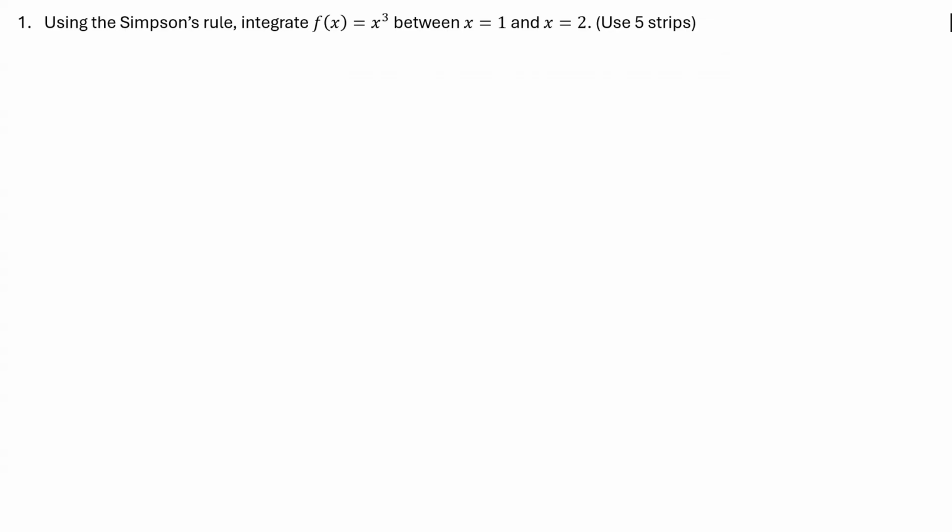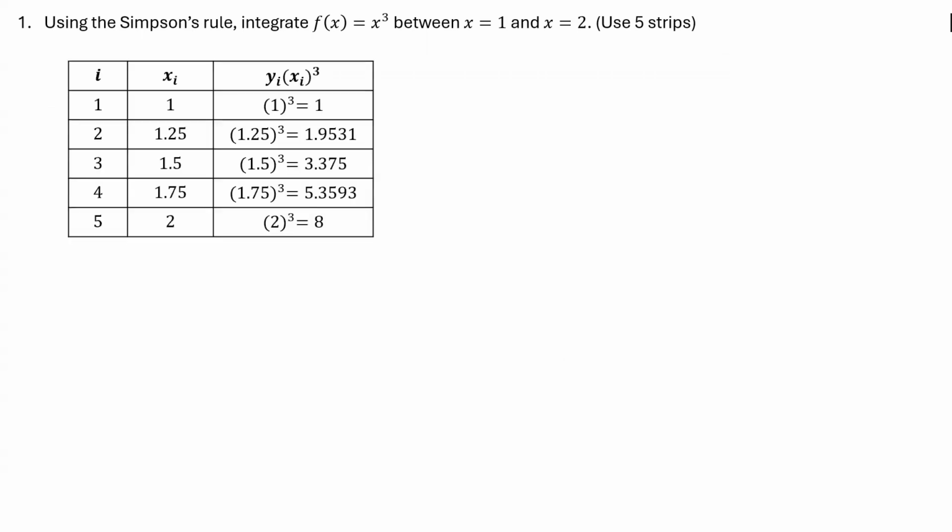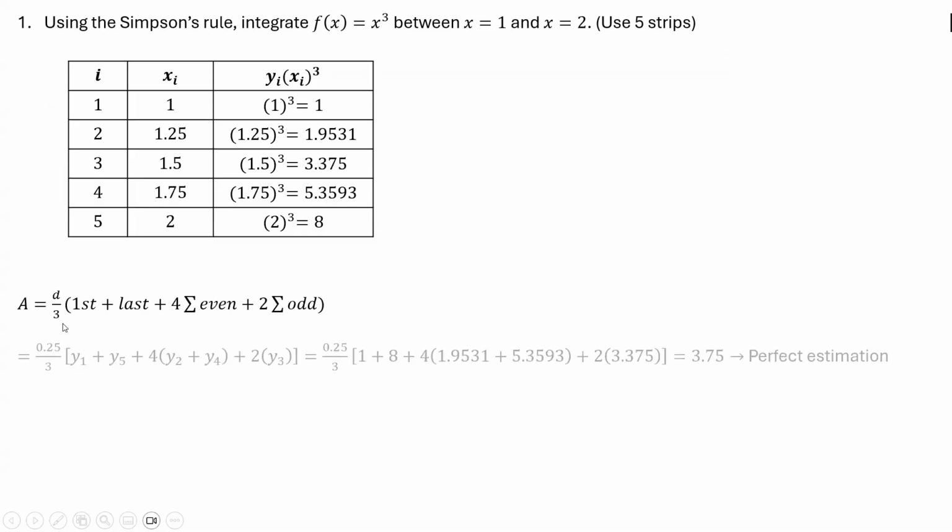So let's get to our same example, which is f(x) = x cubed. If we put our xi into the equation, we get all the values for yi, and we put all these values into the formula, and we get our result.